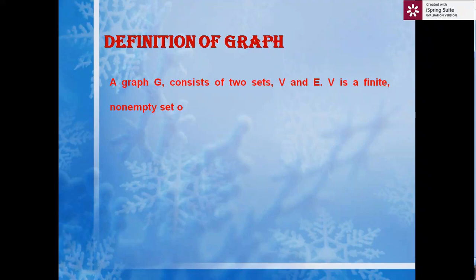Let us know the definition of a graph. A graph G consists of 2 sets V and E. V is a finite non-empty set of vertices. E is a set of pairs of vertices called edges. The vertices of a graph G can be represented as V(G). Likewise, the edges of a graph G can be represented as E(G).